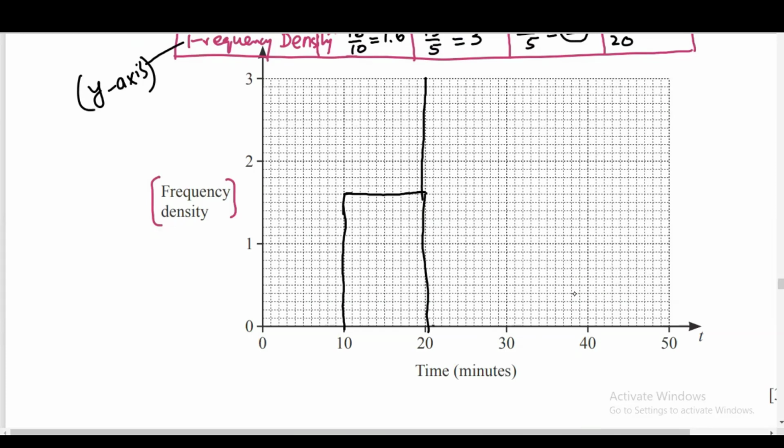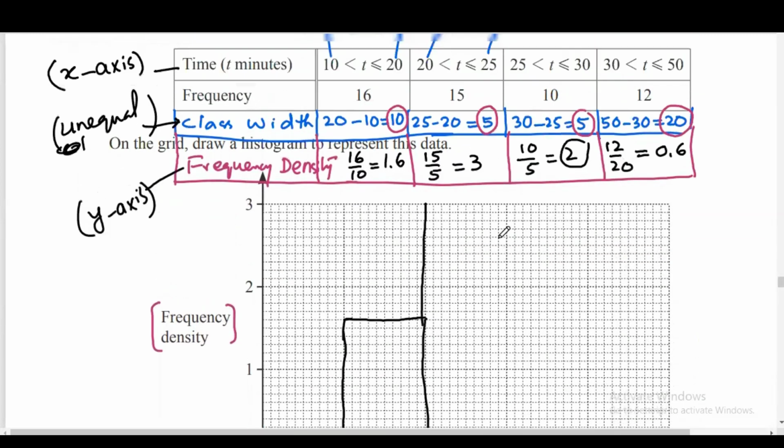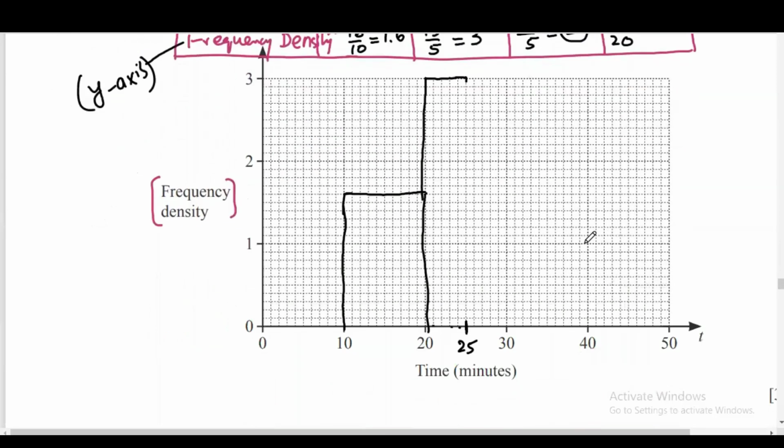And the height of 20 till 25 is 3. This is the height of the rectangle.